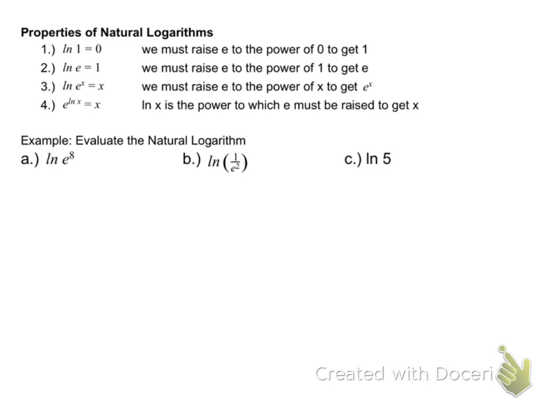So just to highlight those properties from the last page for any base, they changed it so you don't see log, you see natural log, which you should then realize is log base e. So on number 1, natural log of 1. Well, the log of 1 in any base is still 0.